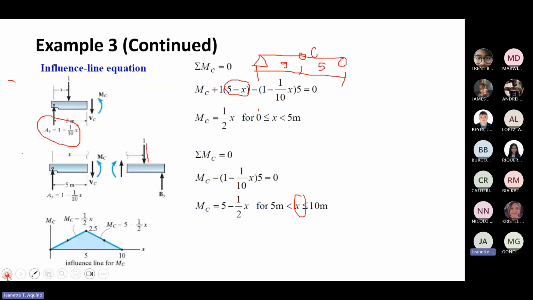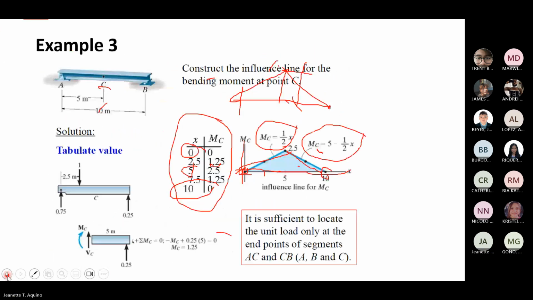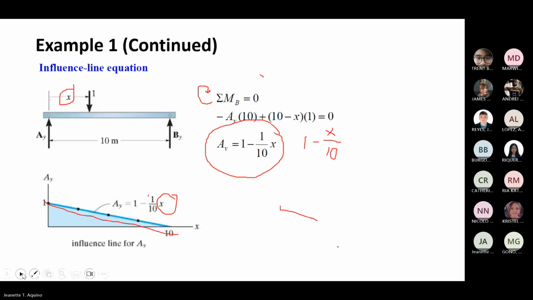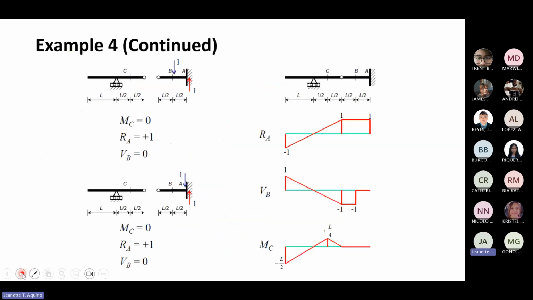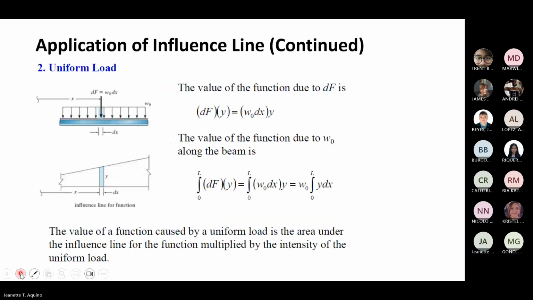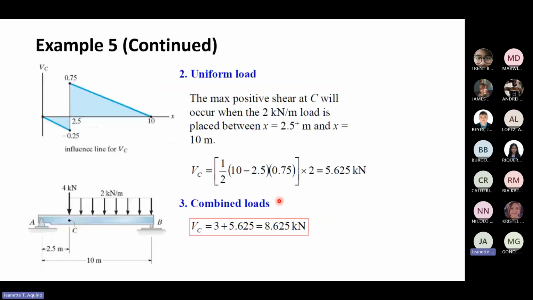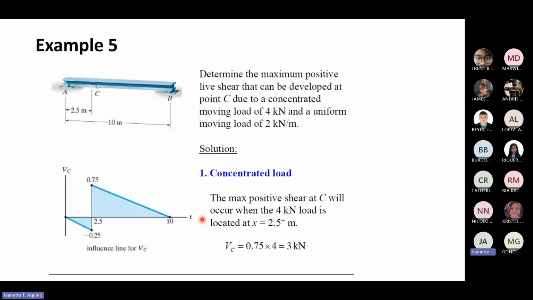Okay, we didn't. Okay, this one, example 5. So we have to draw the influence line for VC.